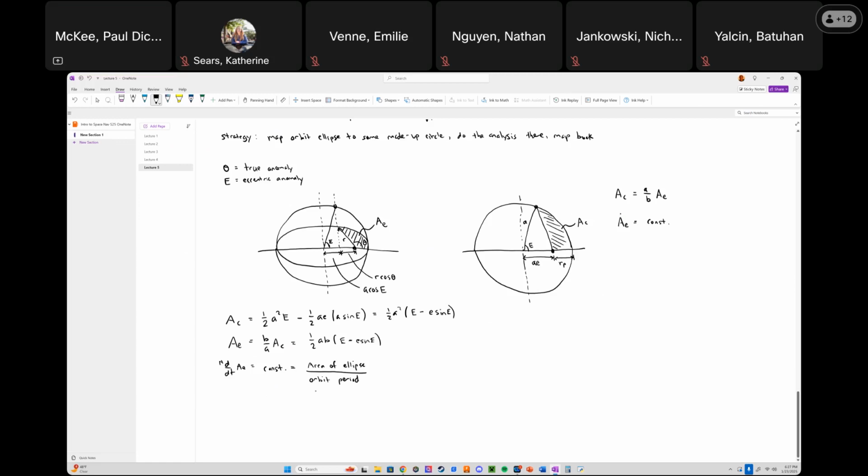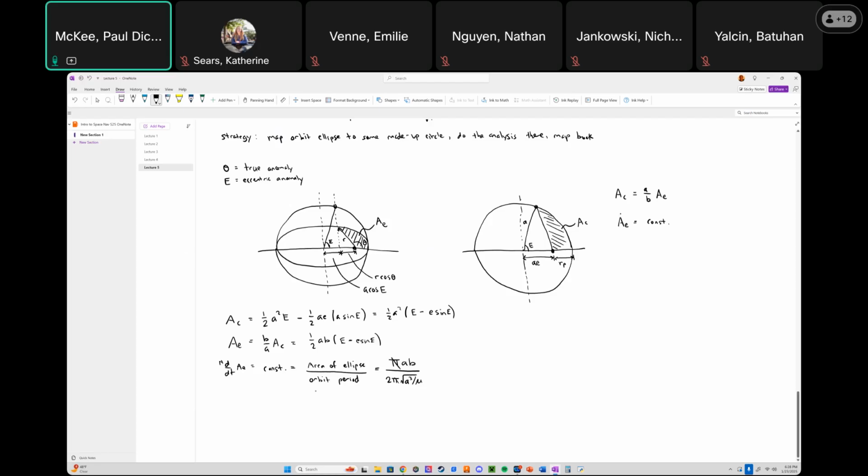That is a constant value. And the area of the ellipse is pi. It would be pi r squared if it was a circle. It's pi times semi-major axis times semi-minor axis for an ellipse. And then the orbit period is 2 pi square root of a cubed over mu. Cancel, cancel. Okay, so dA/dt is AB over 2 square root of a cubed over mu.